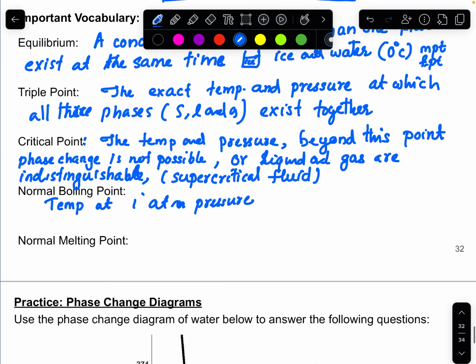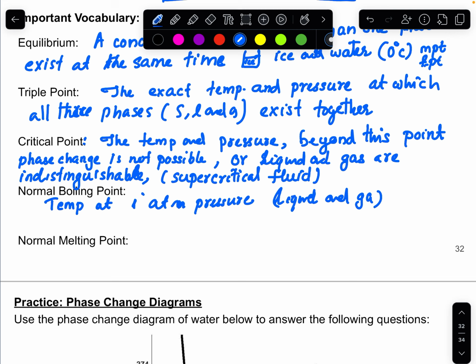Okay, so there is an equilibrium between liquid and gas at the boiling point.